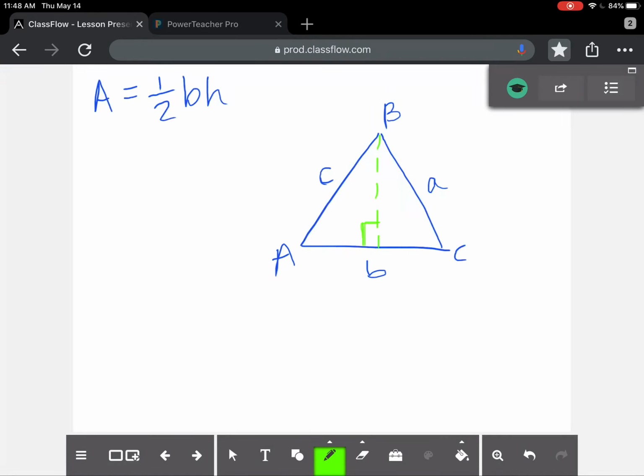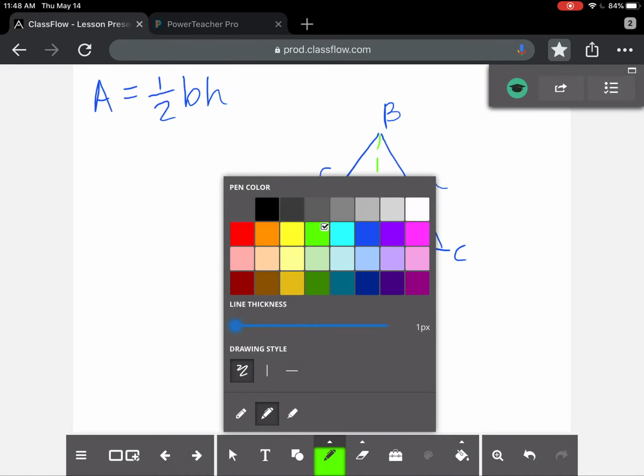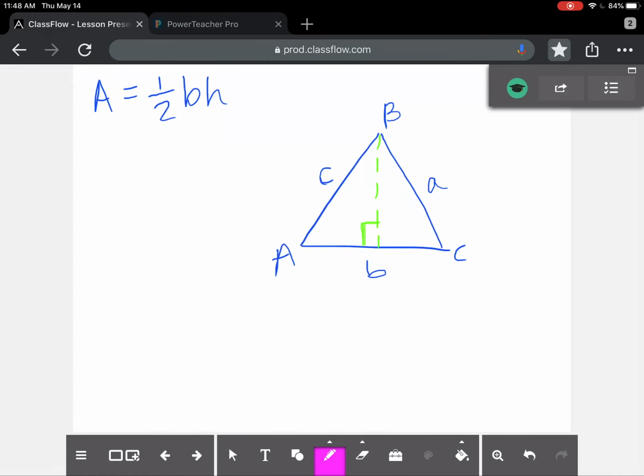I like to do it from the top vertex to the bottom, but it has to be a perpendicular line to the opposite side length.